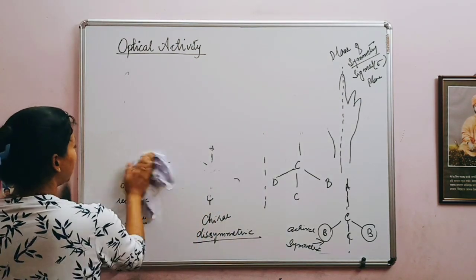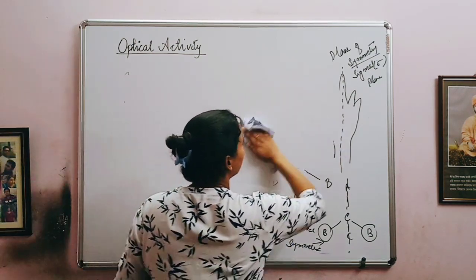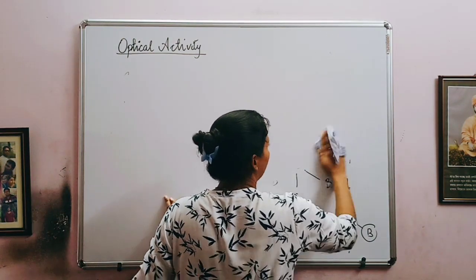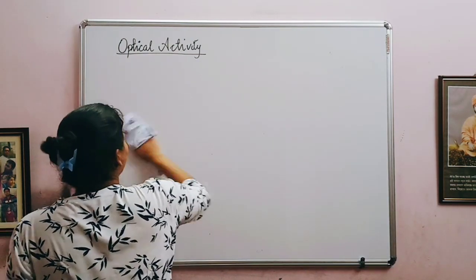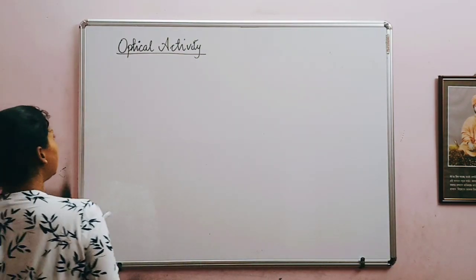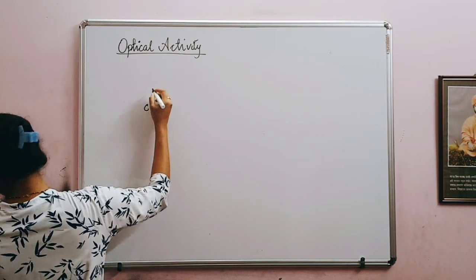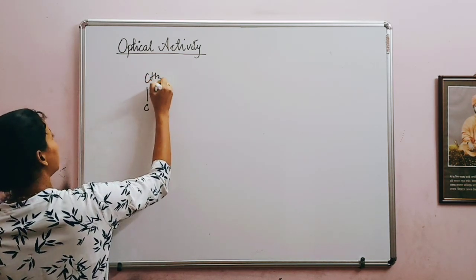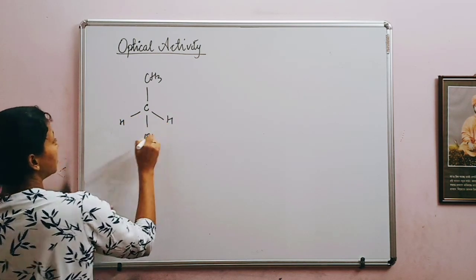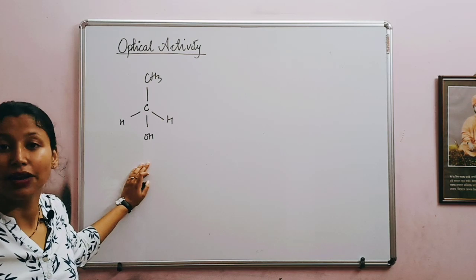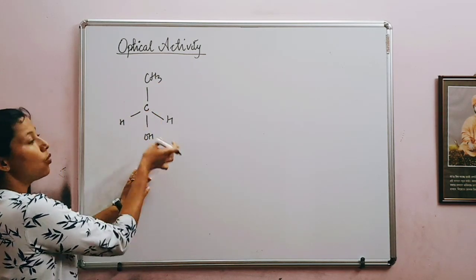I'll give you a few more examples for optical activity. Let's see. CH3, here we have H, H and OH. Clearly this is ethanol, CH3, CH2, OH.